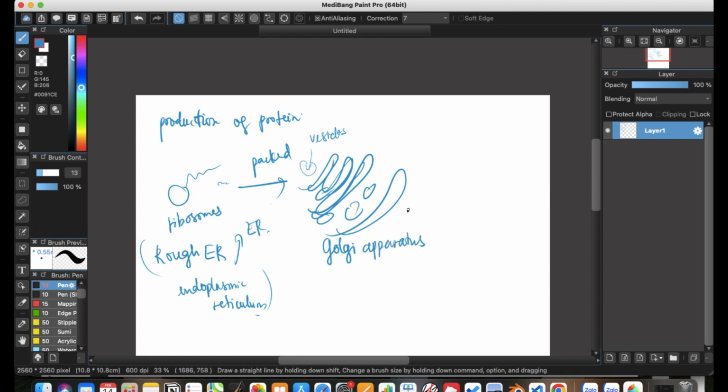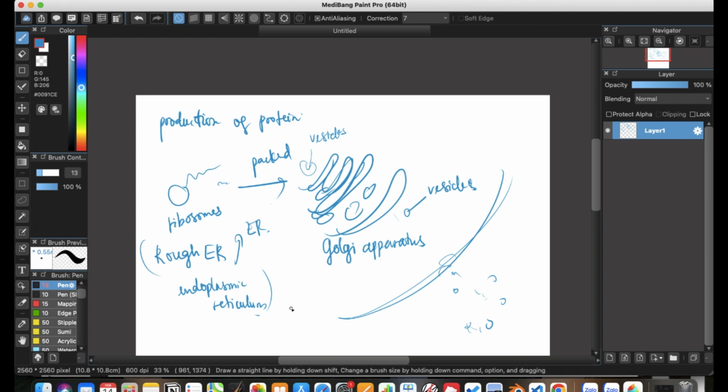After that, it will be packed into these vesicles, and then it's going to travel to the plasma membrane, and then exit out of the cell to do its biological function.